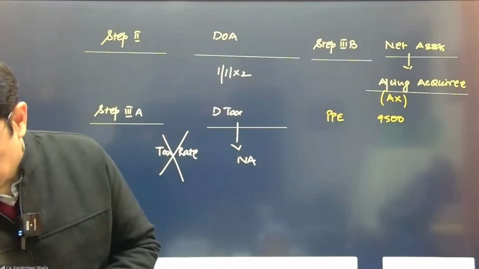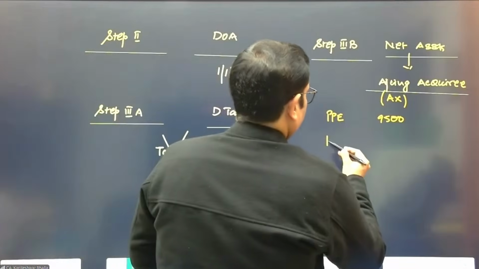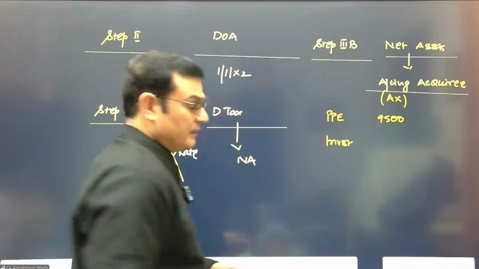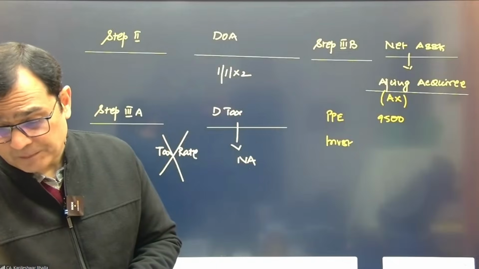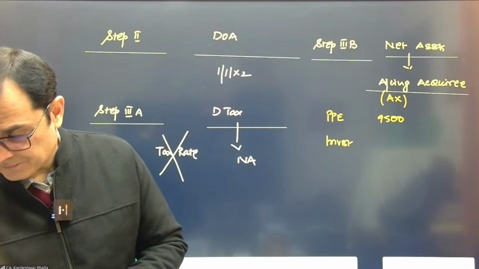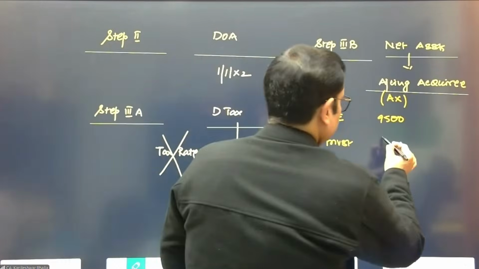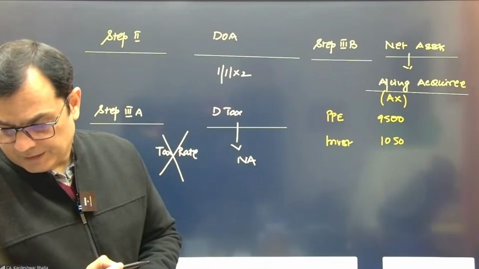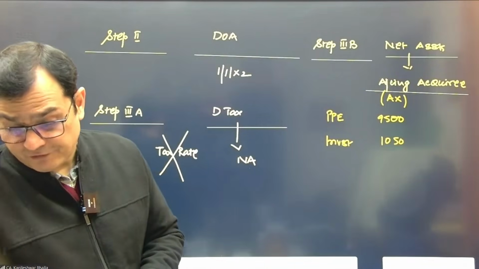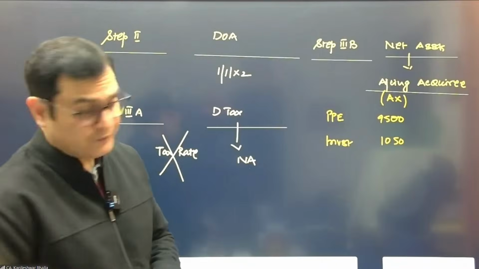So next we are given the investments. And I think for investments, we are not given any fair value. We're just given the fair value of PPE and the inventory. So investments remain at 1050. Then on the inventory, we have the fair value, which is 1300.